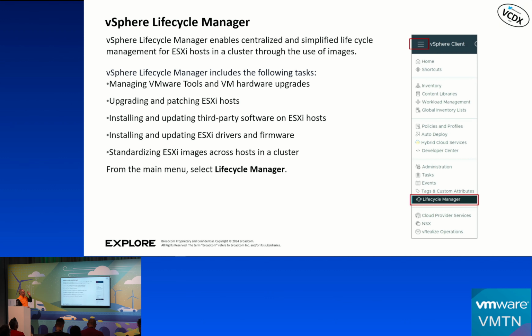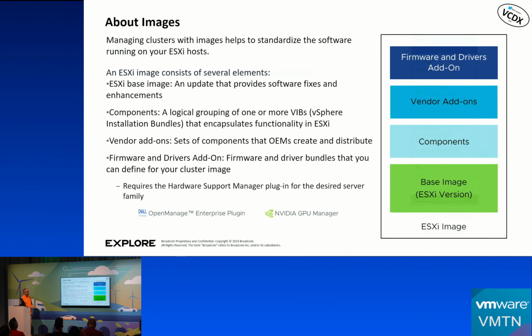So when talking about lifecycle management, I'm going to talk about creating our own images. We have the ESXi image, the base version, components, vendor add-ons, and then firmware and driver add-ons. The lower parts are easy. The vendor parts are covered by VMware. The vendors ship their software to VMware, and it's just a list you can choose from.